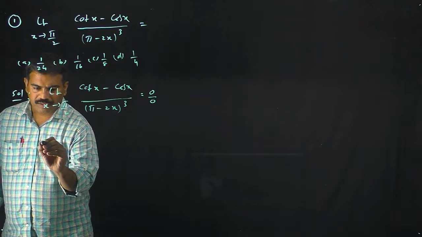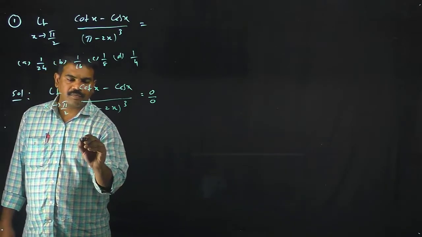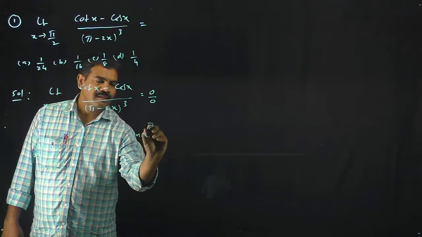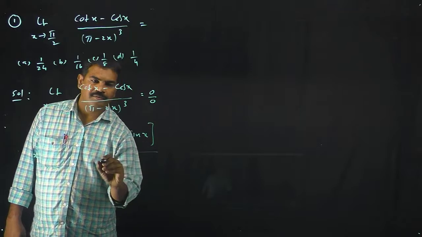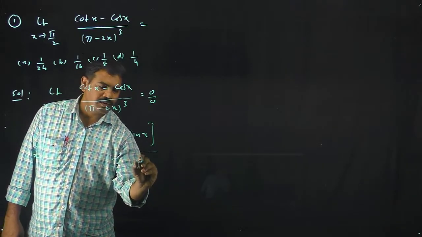That is, we take this limit as x tends to pi by 2. Cot x is common in the numerator: 1 minus sin x. In the denominator, 2 is common: pi by 2 minus x whole cube.